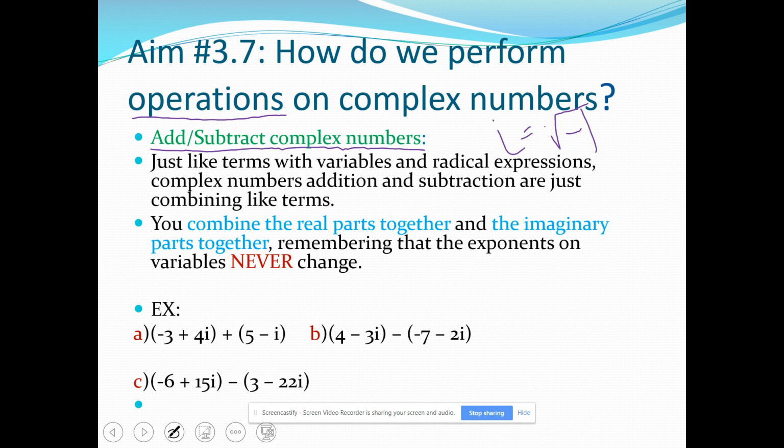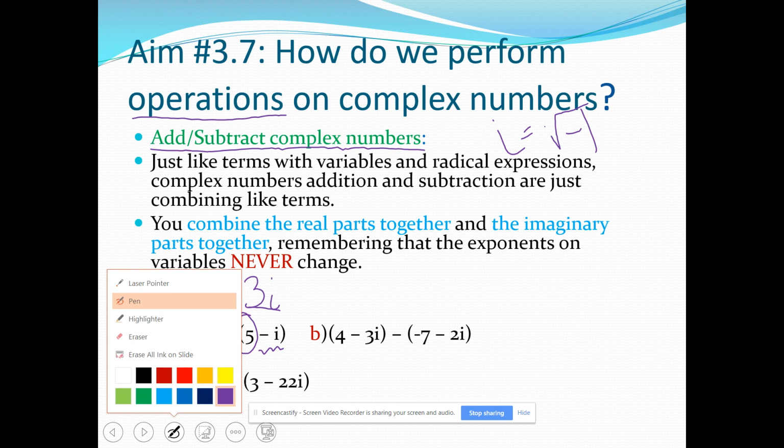So if I'm looking at example A, we have -3 plus 5. -3 plus 5 is 2. And then 4i plus -i is 3i. And that's it. We can't go any further because the 2 and the 3i are not like terms. The 2 is the real, the 3i is the imaginary.